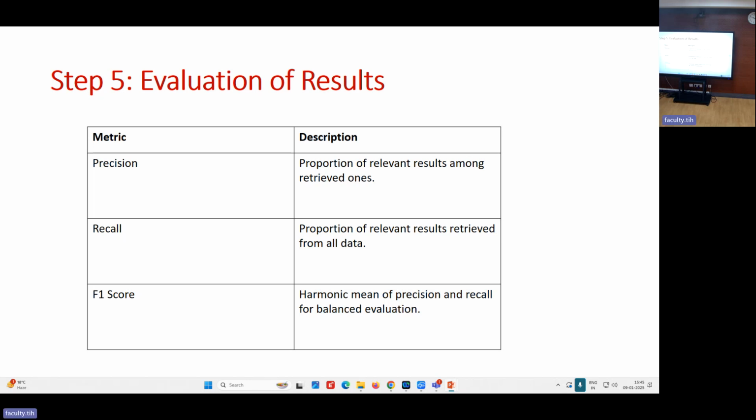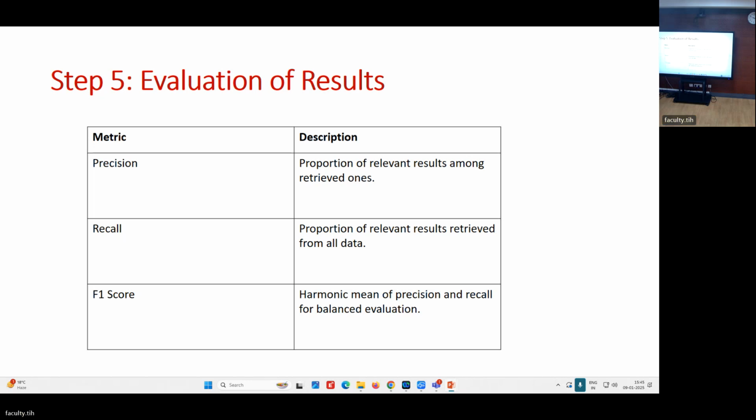So you would like to give the balance between precision score and recall score. So in that case you are using harmonic mean. In the case of arithmetic mean, you can get more biased results.